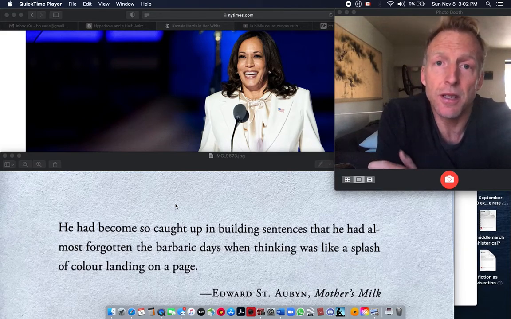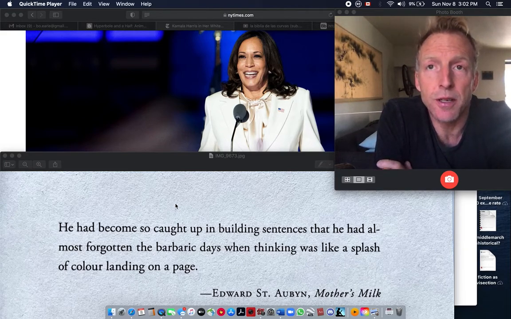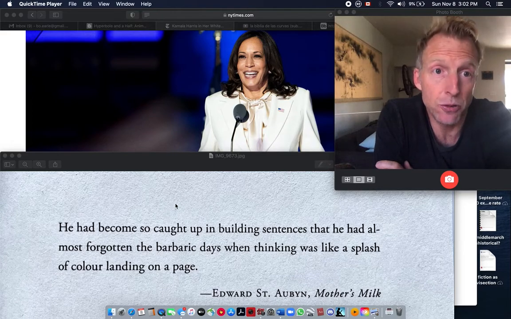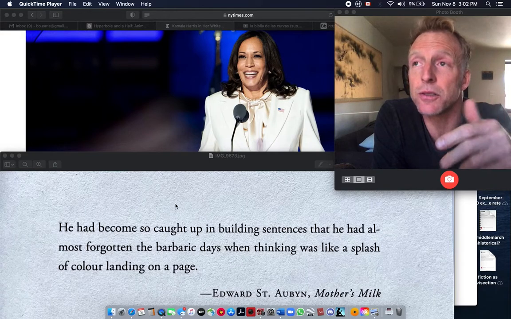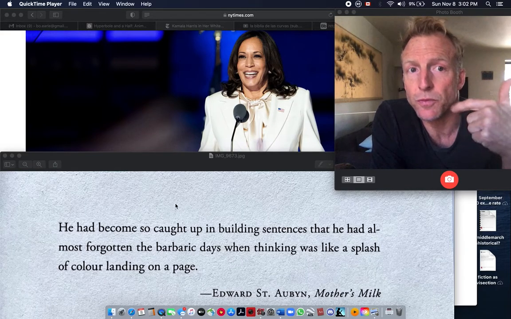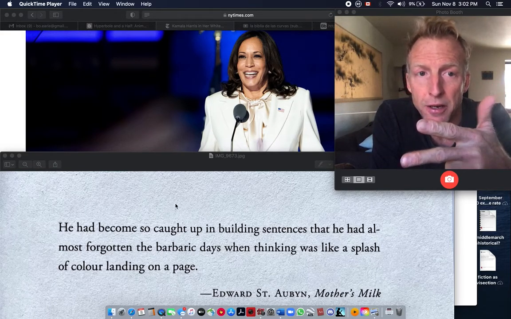And that's the critique that Ian McGilchrist makes about language, the critique that he makes of the three L's: language, logic, and linearity.